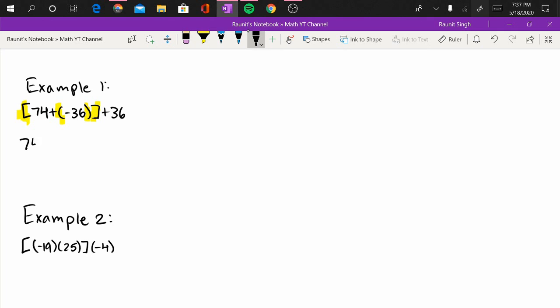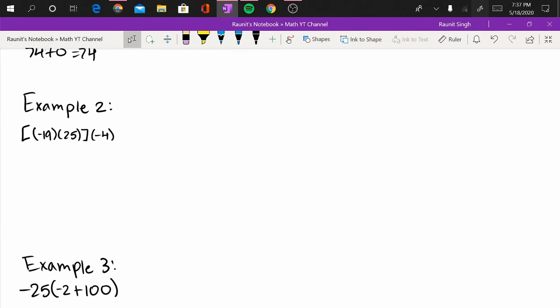So we're going to have 74 plus brackets, parentheses, negative 36, parentheses, plus 36 brackets. And then you're going to get 74 plus 0, and that's equal to 74. There you go.